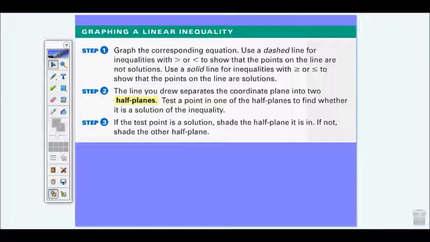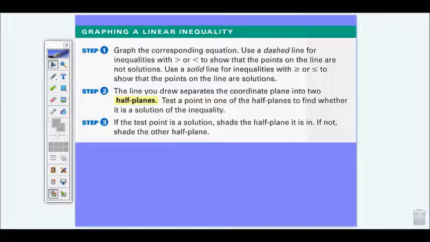Now we need to know which half plane will include all of the solutions for that inequality. The way we do that is we test a point. The testing point that works the easiest is the origin, or 0, 0.